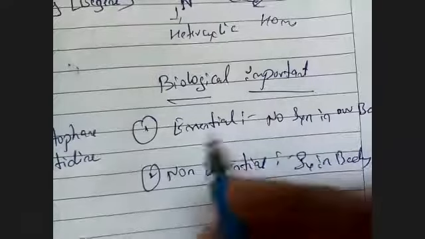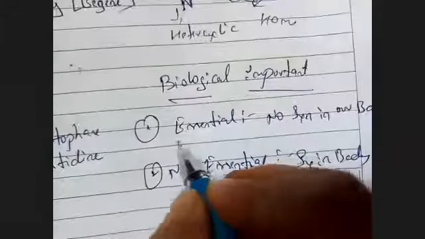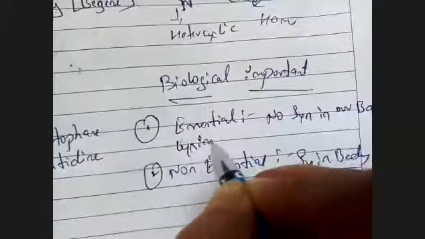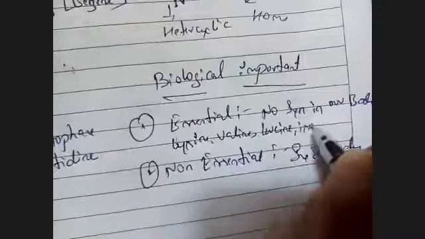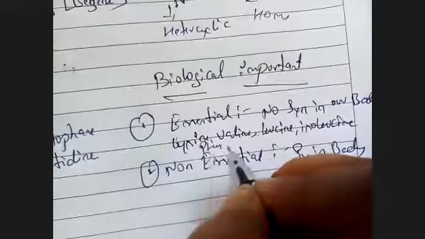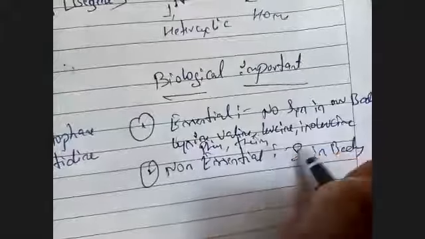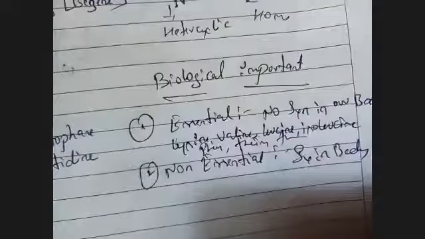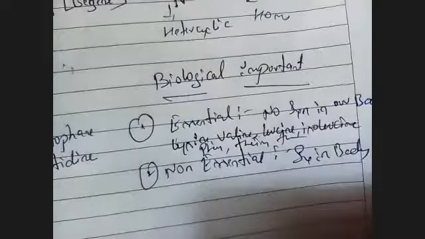So what are the essential amino acids? Essential amino acids are lysine, valine, leucine, isoleucine, phenylalanine, tyrosine, tryptophan, methionine, arginine, histidine. I'll repeat, you just write it down.